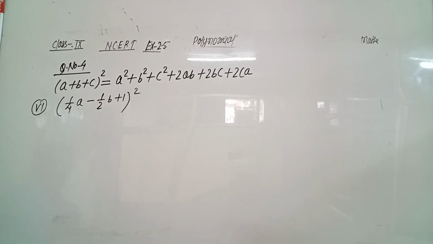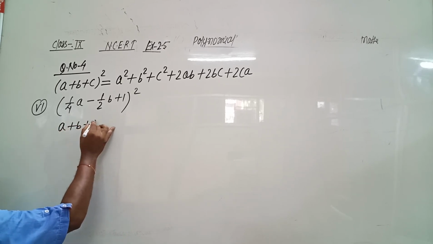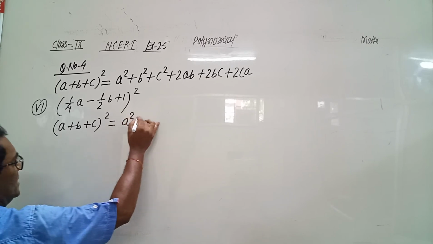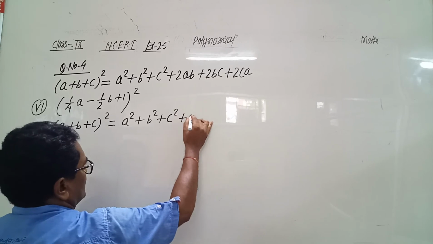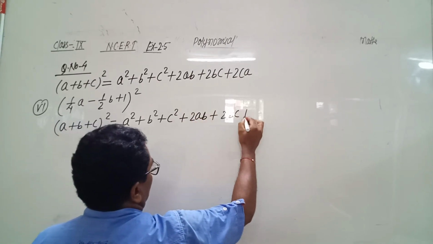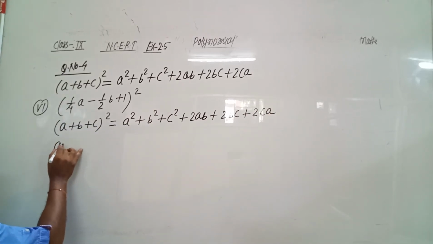So we write the formula: (a + b + c) the whole square equals a square plus b square plus c square plus 2ab plus 2bc plus 2ca. Then we write the values of a, b and c.